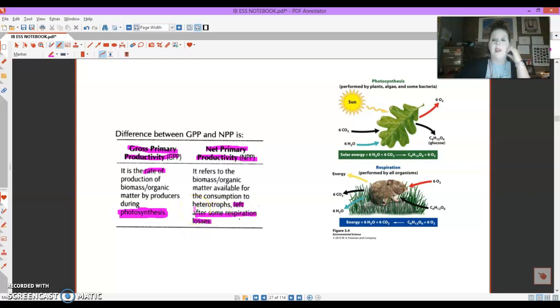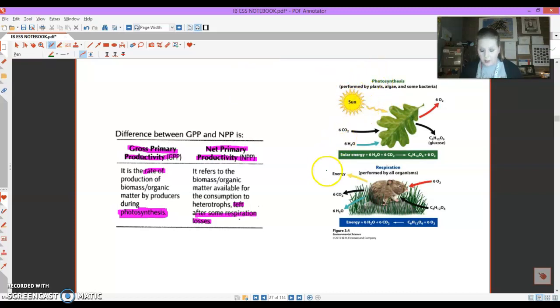Now, you may not remember this from freshman biology, but photosynthesis and cellular respiration are directly linked to each other. So, before I go any further into GPP and NPP, I want to talk about this image right here. So, photosynthesis and cellular respiration are directly linked. Now, in photosynthesis, we're obviously using the sun, okay?